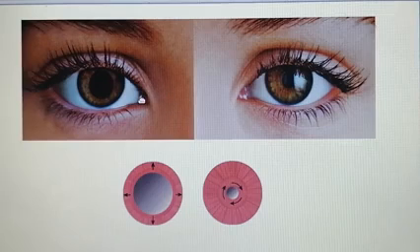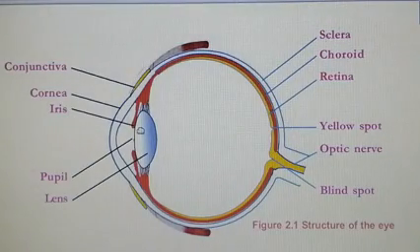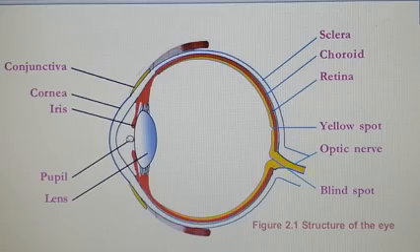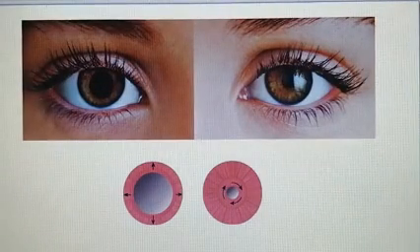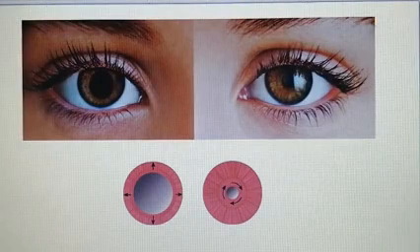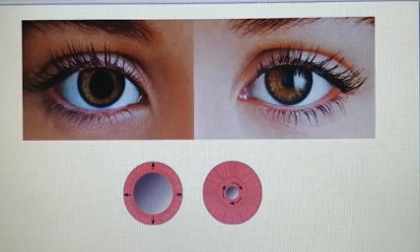Iris and the aperture at the center called pupil. This is iris and this is pupil. The space between iris muscles is called pupil. The iris and the aperture at its center, called pupil, regulate the amount of light falling on the eye.